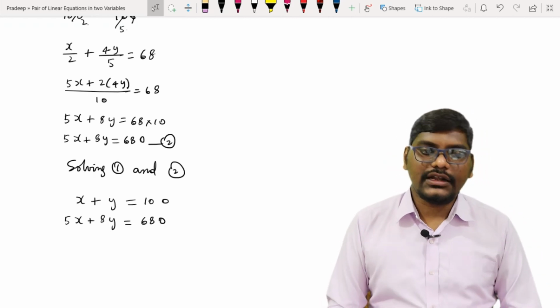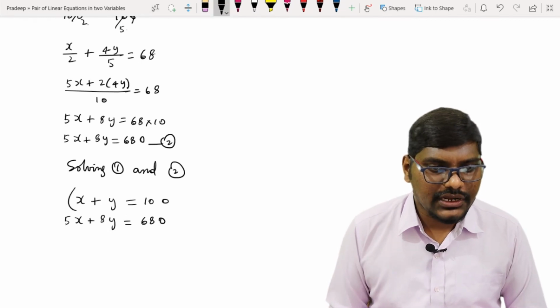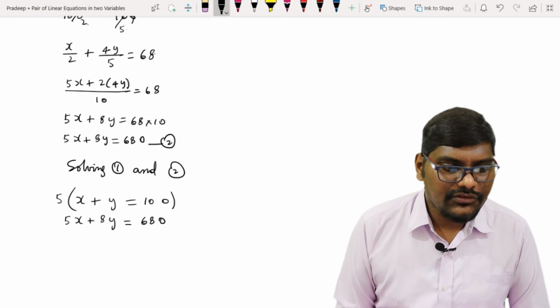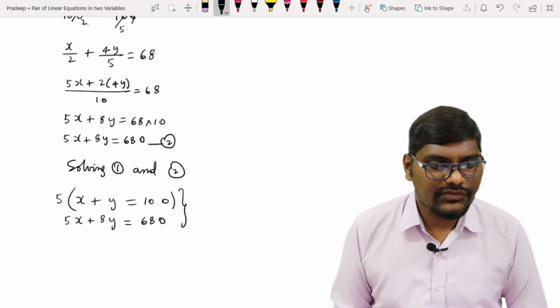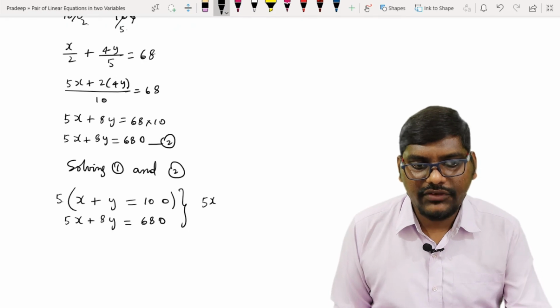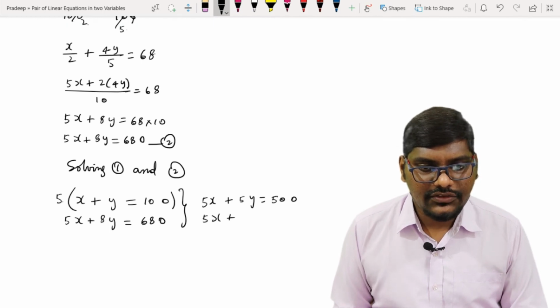So to solve, at least any one element should be equal, right? For that reason, this particular equation I'll multiply with 5. When I multiply the first equation with 5, I'll be getting 5x plus 5y equal to 5 into 100, it was 500. This also I'll be getting, 5x plus 8y equal to 680.